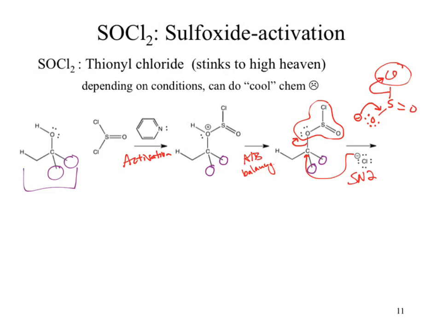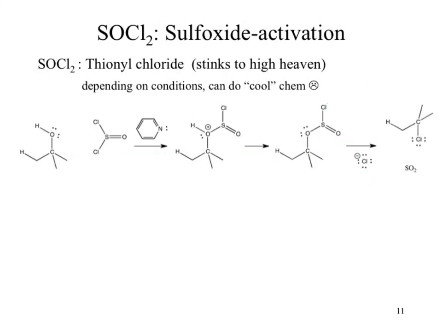You can kick that out. And what we'd be left with is SO2, sulfur dioxide gas. Gases tend to be very stable, and that can be kicked out of the reaction. We don't have to worry about any reverse dynamics or any leftover random pieces. The only thing we do have to be kind of nervous about is that this reaction, while giving off that gas, the gas happens to be really awful smelling.